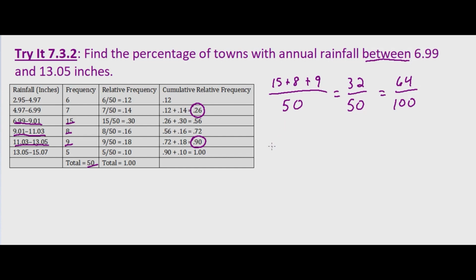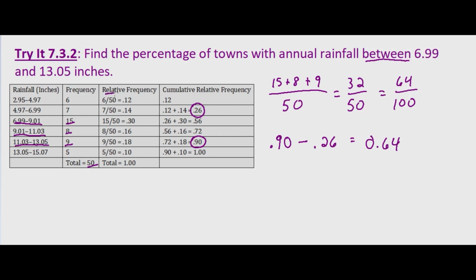So we could also find the percentage of towns with annual rainfall between 6.99 and 13.05 inches by subtracting that first cumulative relative frequency from our last cumulative relative frequency. So 0.90 minus 0.26, and that does equal 0.64, which verifies that this is our solution, 64%.